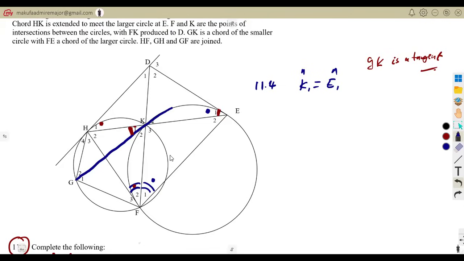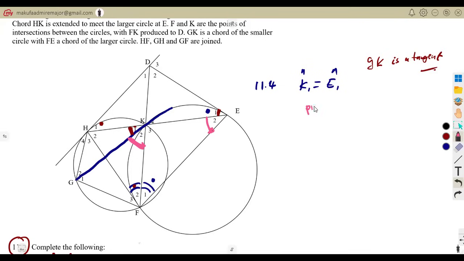To prove that it's a tangent, it must give us the properties of a tangent. If truly it's a tangent, the angle between a tangent, which is this K2, and a chord, which is the chord KF, must give us angle E2. So we must prove that angle K2 and this angle E2 are equal. This is what you need.